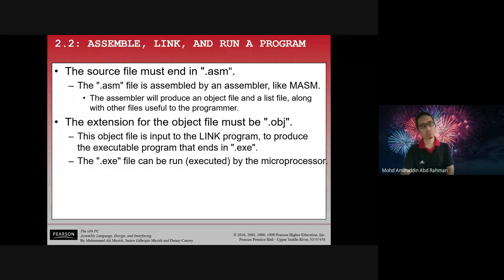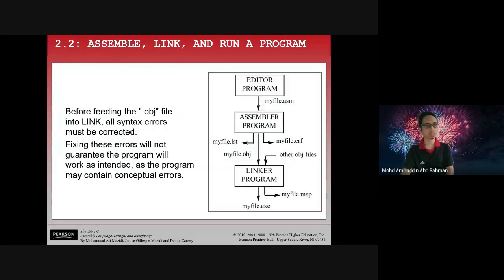From the .obj, we use that as input to the link program to produce the .exe file, where we can execute that. The .exe file can be run by the microprocessor. Before we feed the .obj file into link, all syntax errors must be corrected.